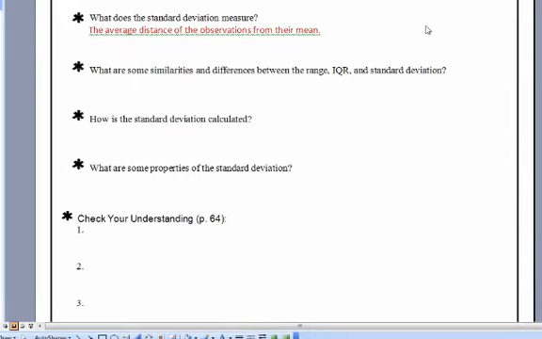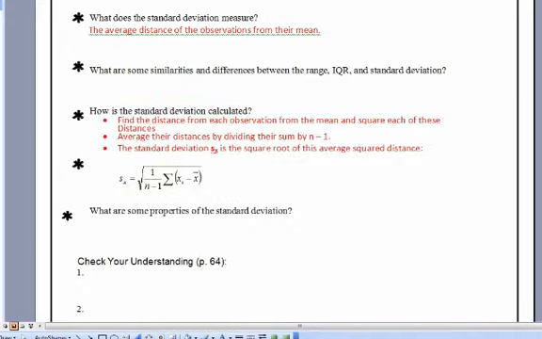What does the standard deviation measure? The average distance of the observations from their mean. The average distance from each observation to the mean. Okay, so how do we find the standard deviation? Well, first you have to find the distance of each observation from the mean and square each of these distances.